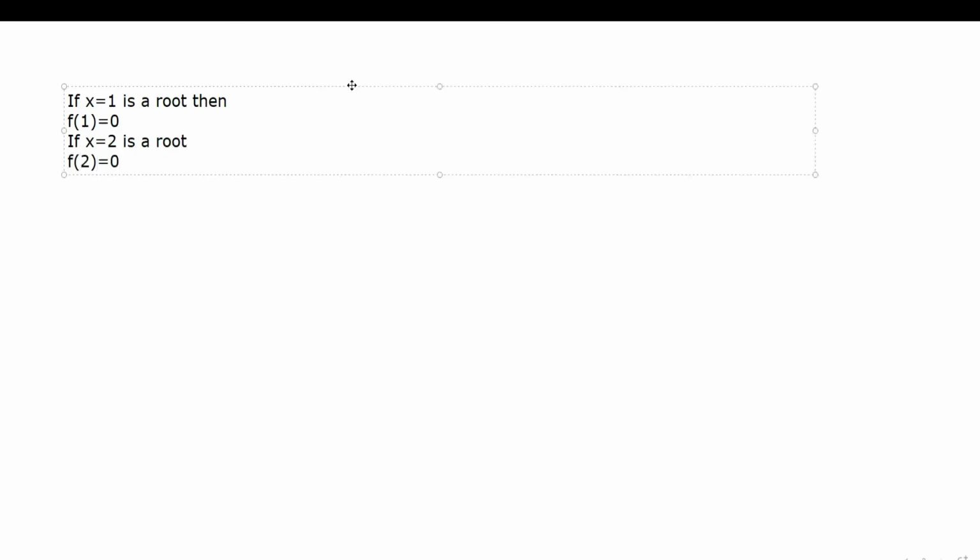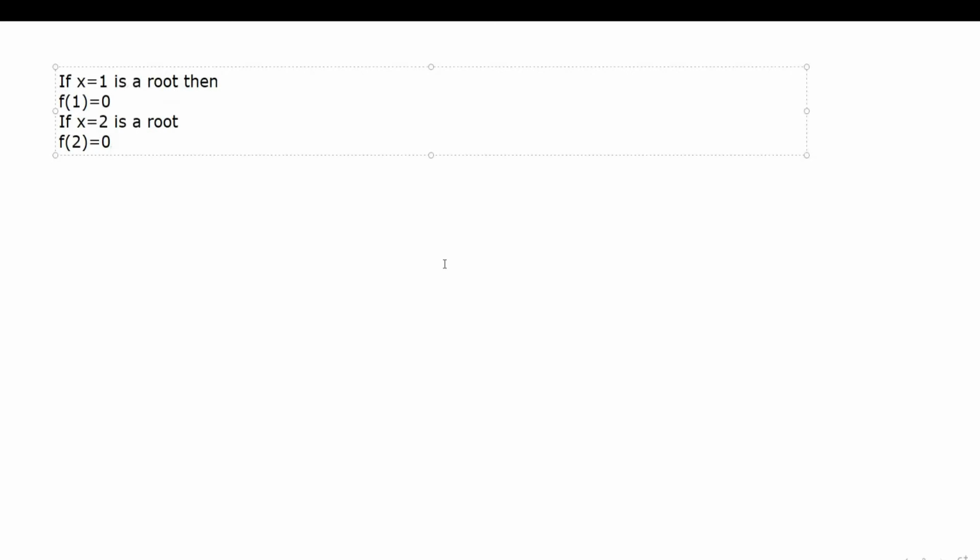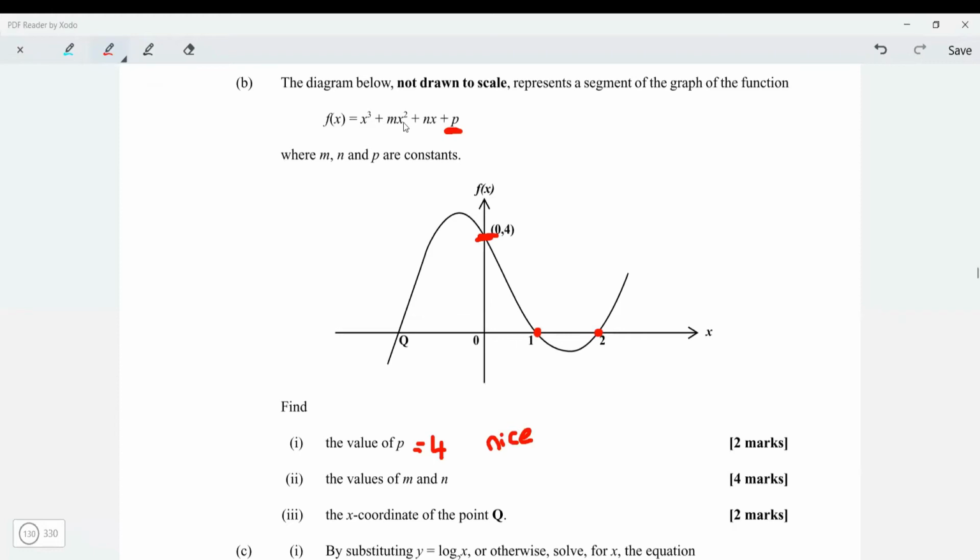Given that we need to identify m and n, we end up with a simultaneous equation, because f of x is x cubed plus mx squared plus nx plus 4, since p is 4. So all we're going to do is set up equations by plugging in x as 1 and 2. f of 1 is 1 cubed plus m times 1 squared plus n times 1 plus p, and p is 4, and that equals 0.